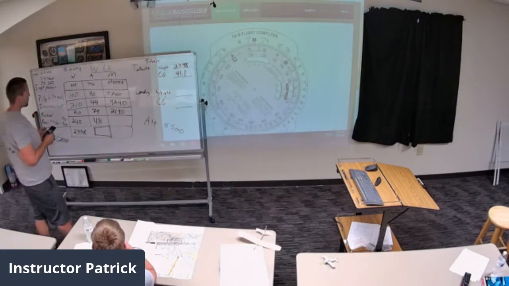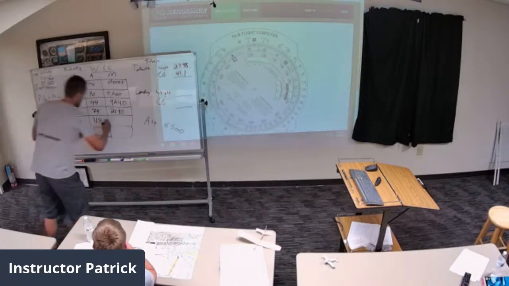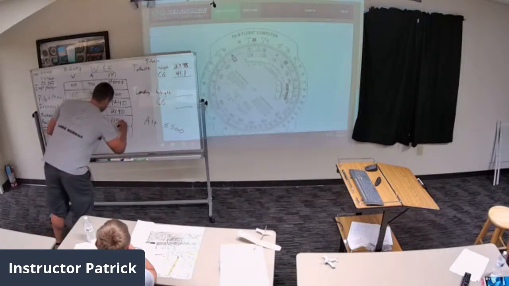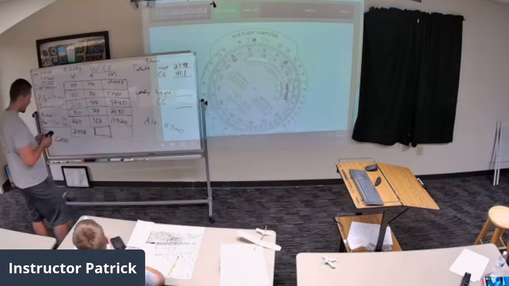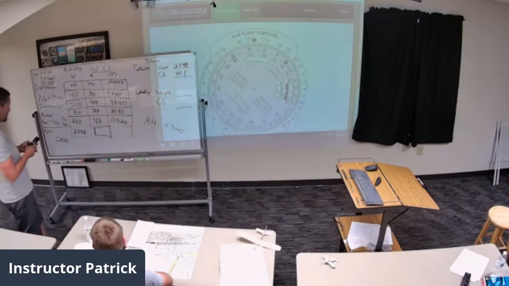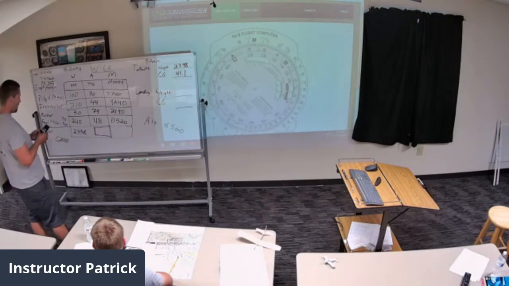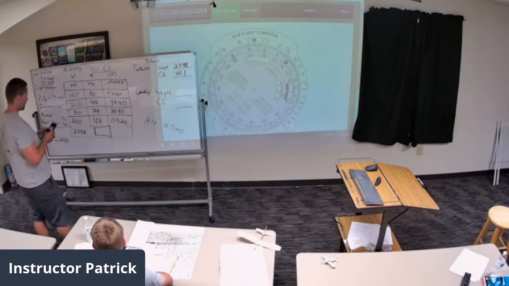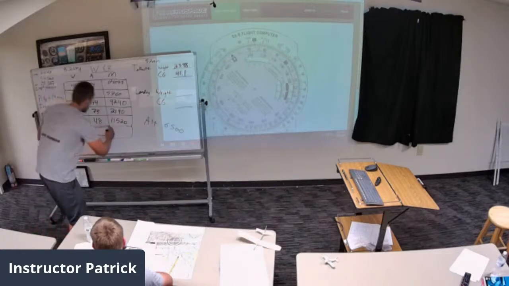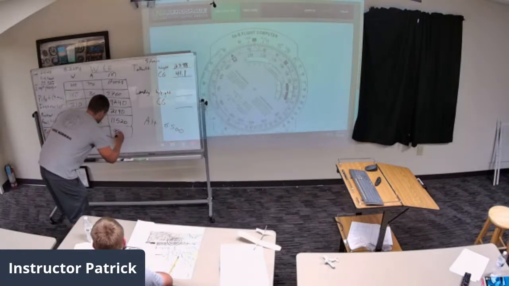Okay? And then we do the same thing with our moments. So 240 times 48 is 11520. We'll add up all of our moments. 67007.8 plus 5760 plus 9240 plus 2190 plus 11520 equals 95717.8.